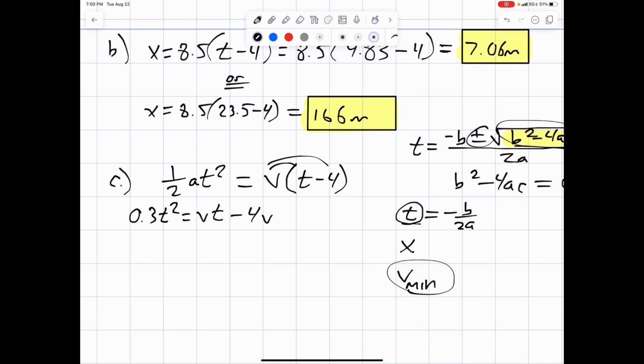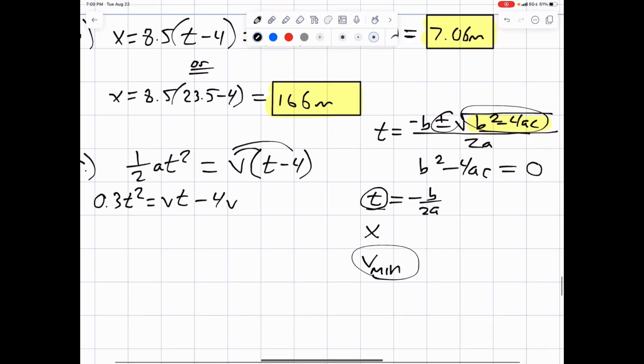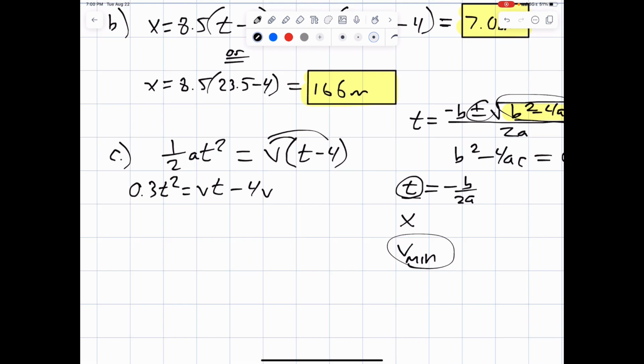Now, what I'm looking at here, I want to figure out what my a, b, and c are. So I'm going to subtract this term over here, and I'm going to add this term over here.